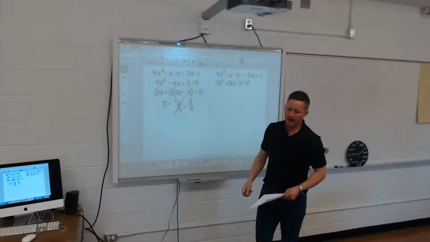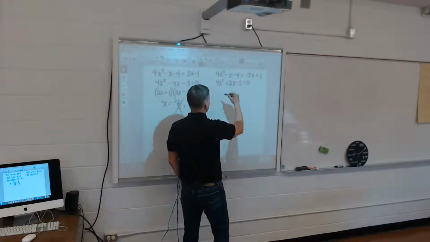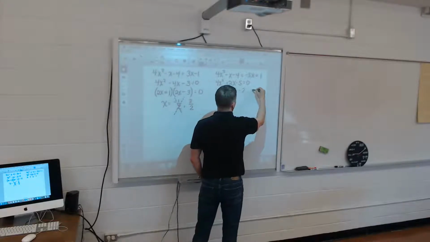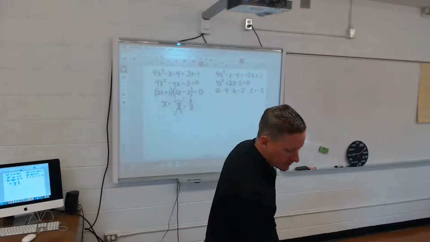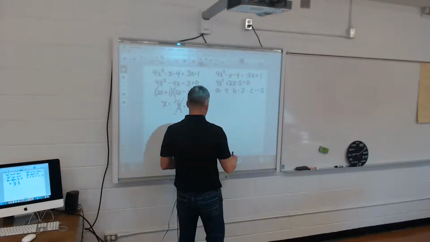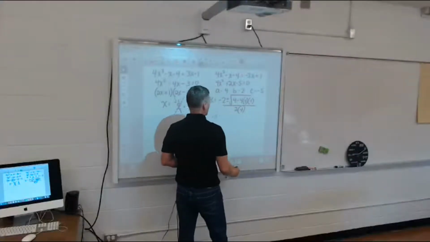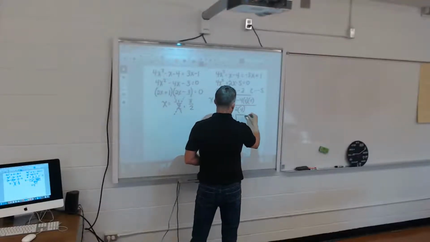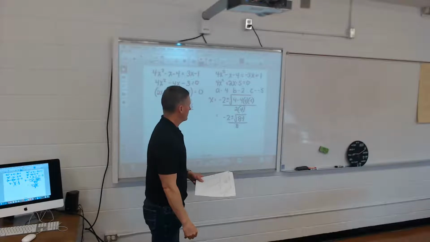Okay, what I discover is it's not a factorable expression, so I'm going to use my quadratic formula. So I end up with minus 2 plus or minus the square root of 84 over 8.